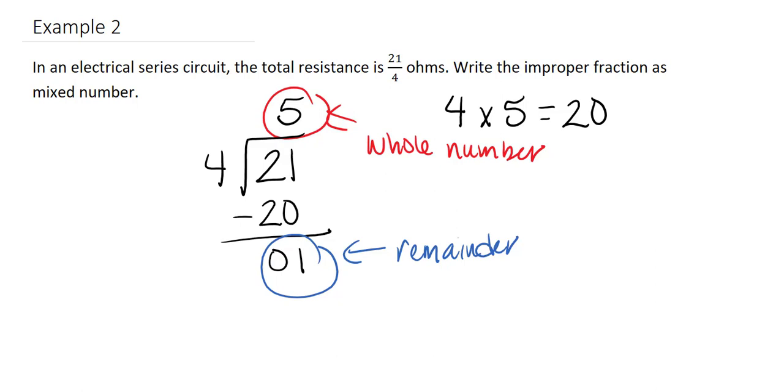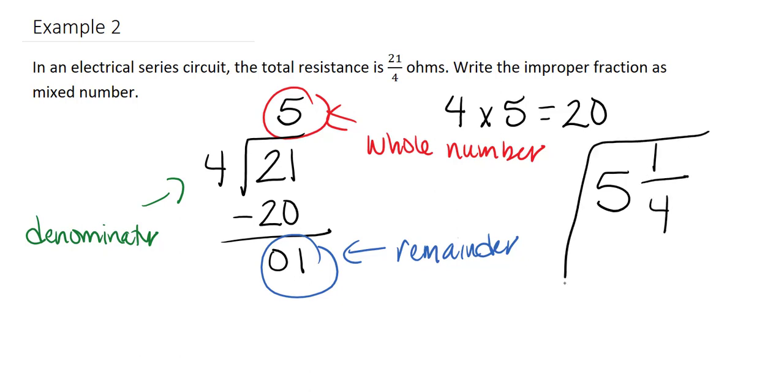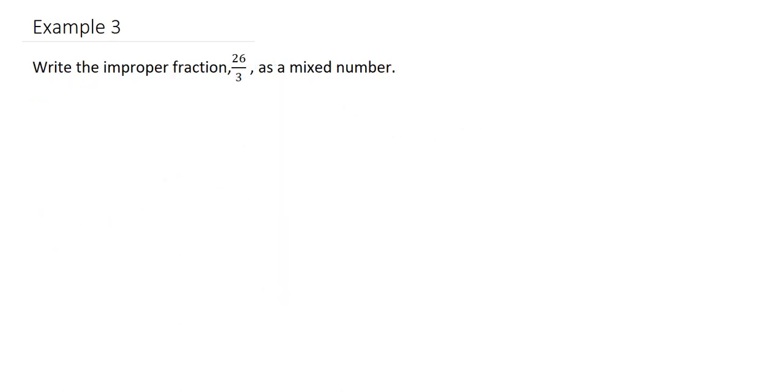And then we're just going to keep the same denominator. So our solution is then 5, which is our whole number, 1 over 4. And this would be our solution. Now let's do one final example.